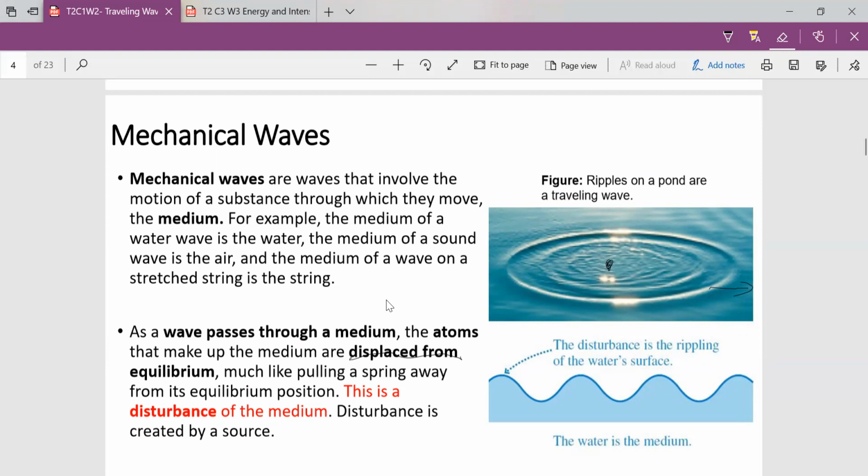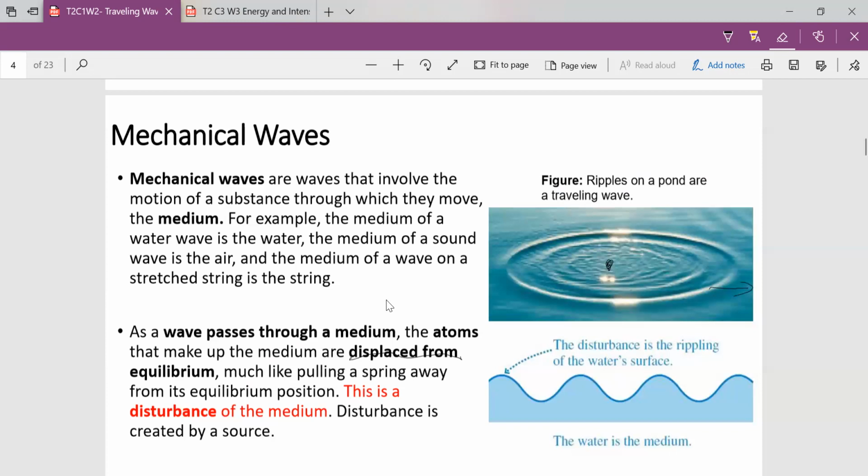So we're looking at mechanical wave, that is wave that travels through a medium, or they require material medium for propagation. So as the wave passes through a medium, the atoms that make up the medium are displaced from equilibrium. We've seen before when we were describing wave, and when we were describing simple harmonic motion, we talked about displacement from equilibrium position.